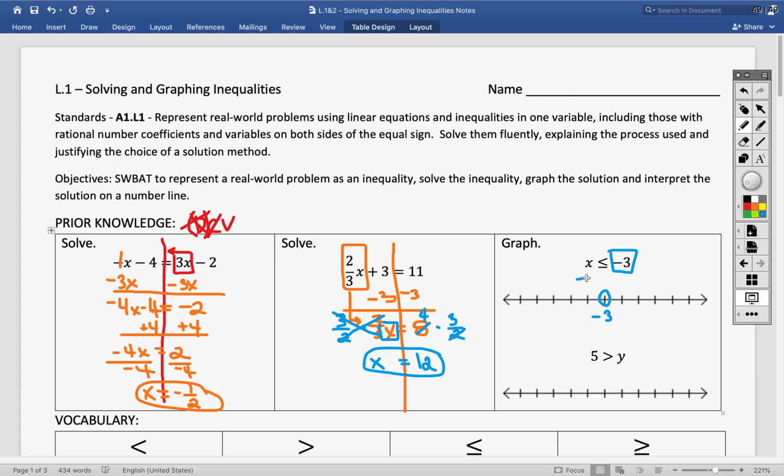Now, if there's an extra line, there should be extra color, meaning you are going to fill in the sign. This is because this says x is less than or equal to. If it's equal to, we have to include the -3, which is why it's filled in. And then everything that is less is to the left.